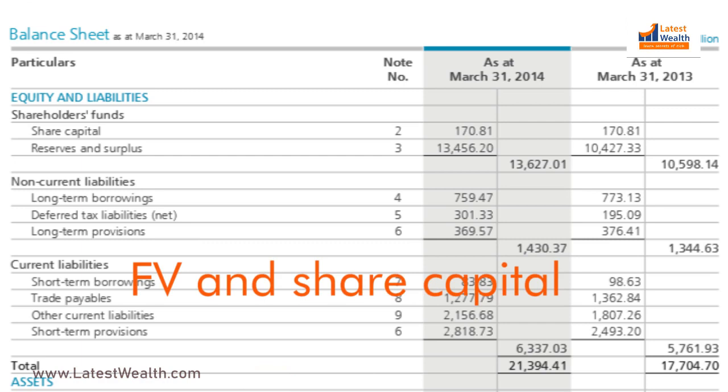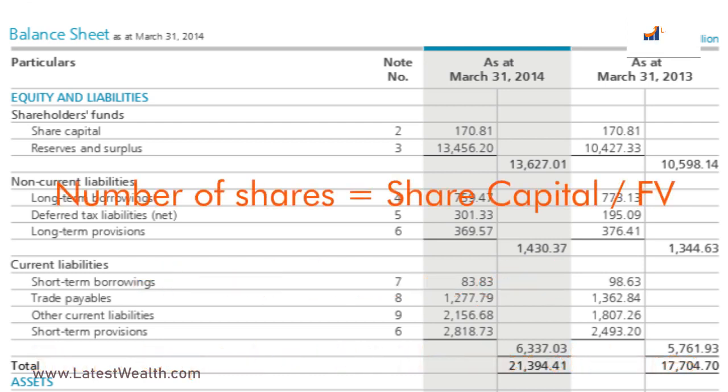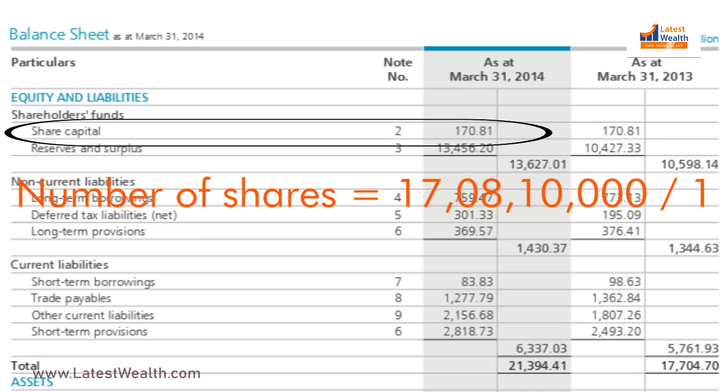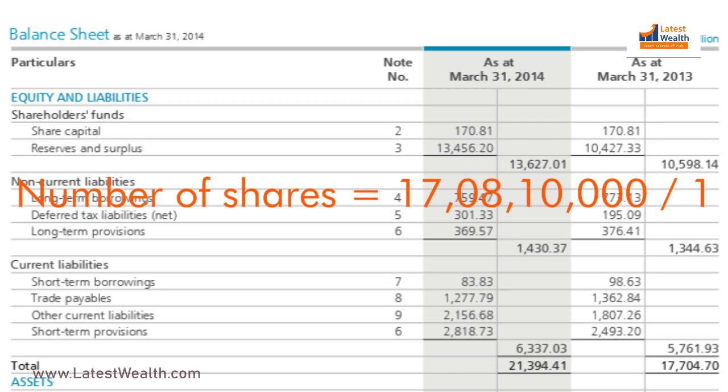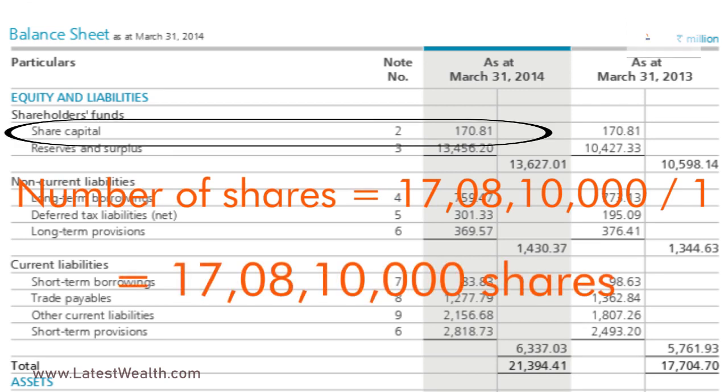Now we know share capital is equal to face value into number of shares. Therefore, number of shares is equal to share capital by face value. Hence, in the case of ARBL, number of shares is equal to 17 crore 8 lakh 10,000 divided by 1. That means 17 crore 8 lakh 10,000 shares.